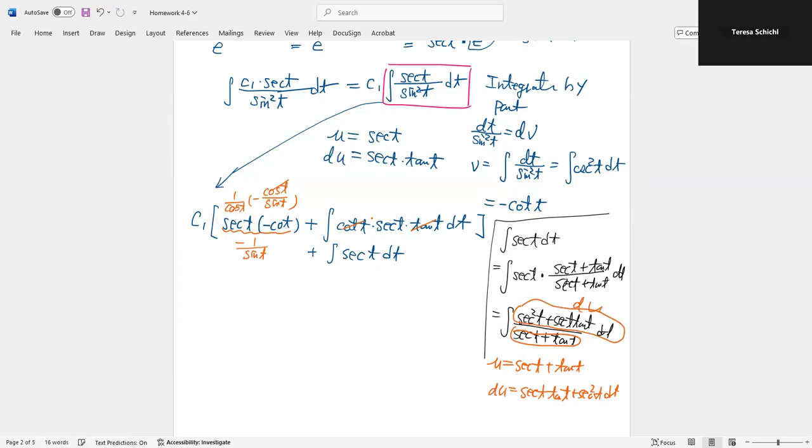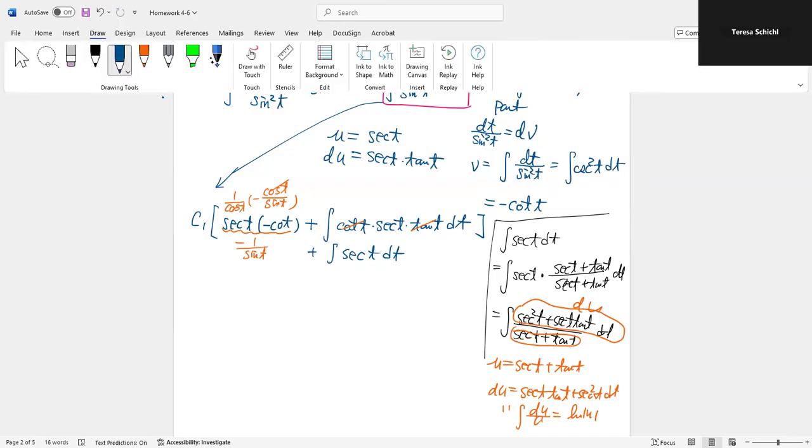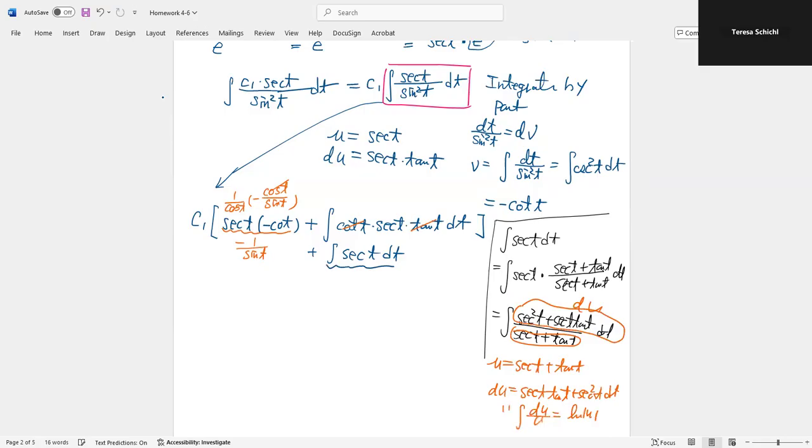So the whole thing is going to be du over u, so it's natural log of u. So now I know this integration will become the natural log of secant t plus tangent t plus another constant c2 here.